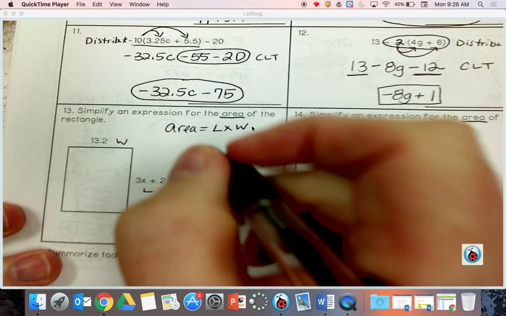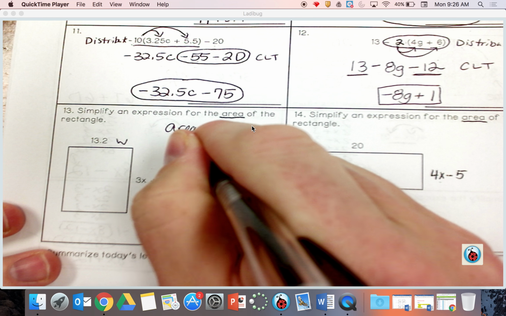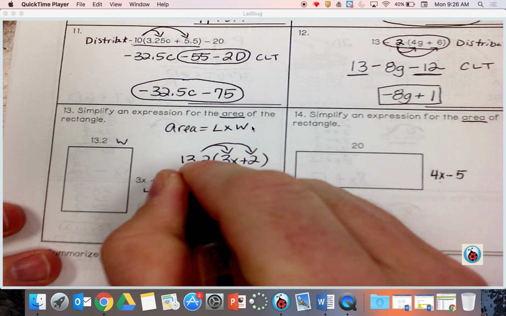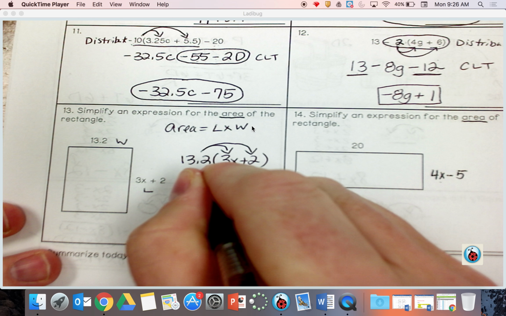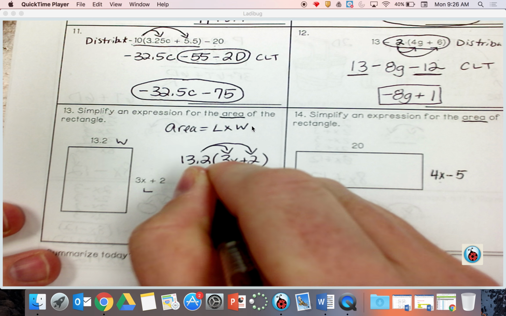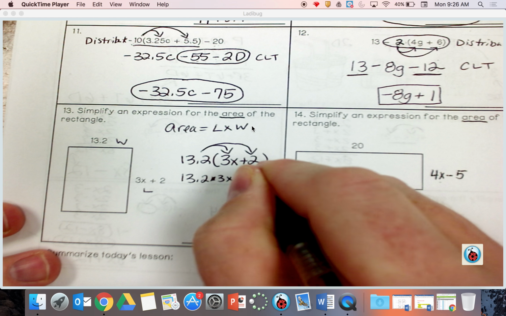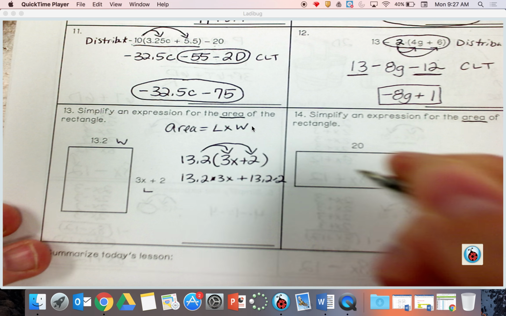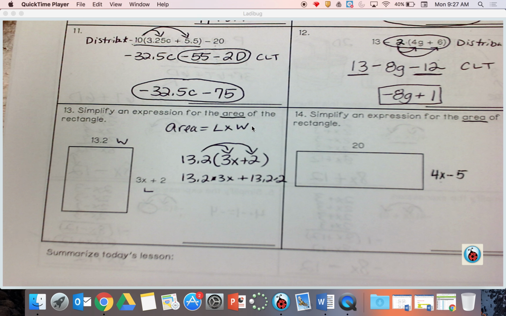So what I do now is multiply the 13.2 by both of those. So 13.2 times 3x plus 13.2 times 2. When I do that, I get my solution.